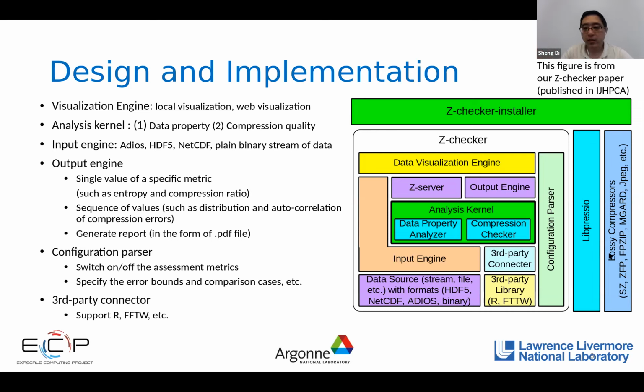As you can see here, the checker involves a lot of different software and dependencies, for example, lossy compressors and Libpressio. So it is very convenient to provide a utility library or toolkit to put everything together, and this is what the Z-checker installer does.